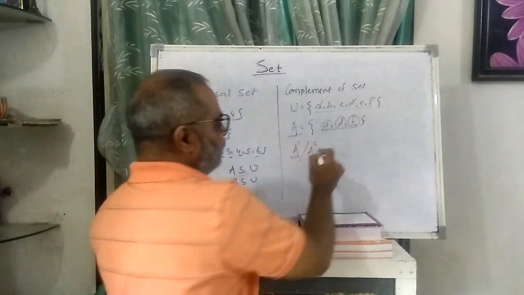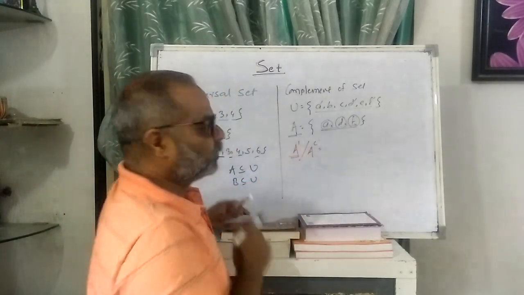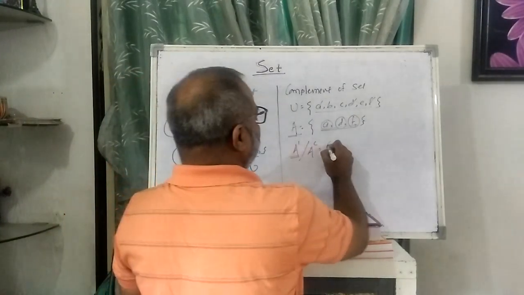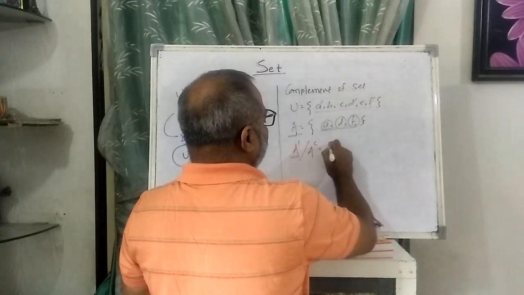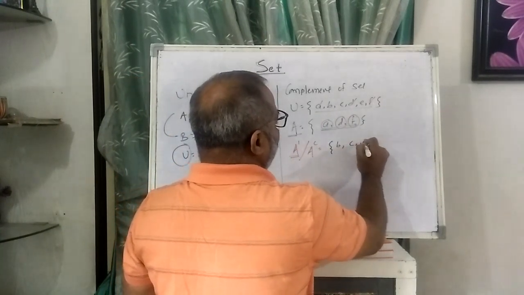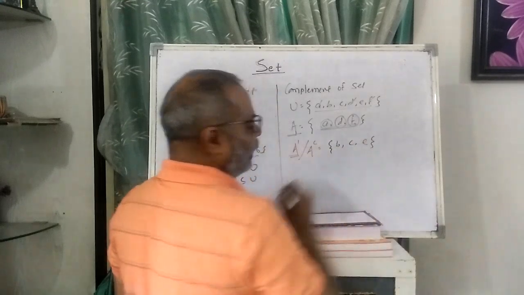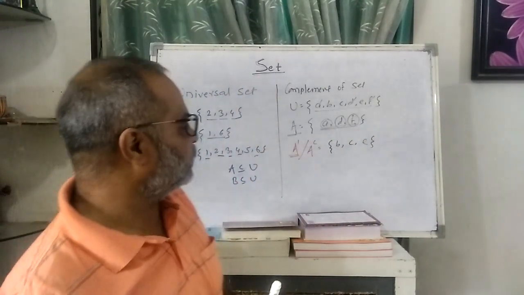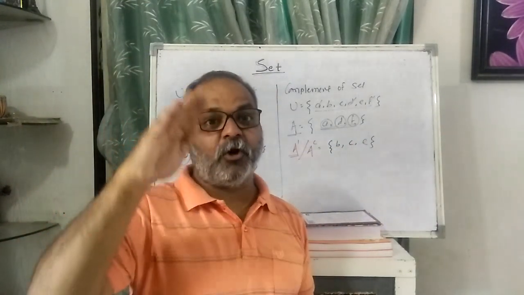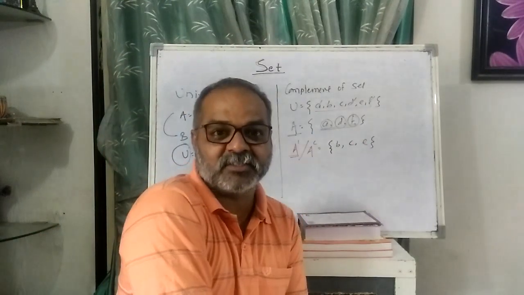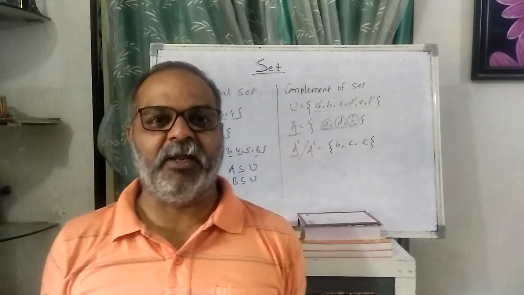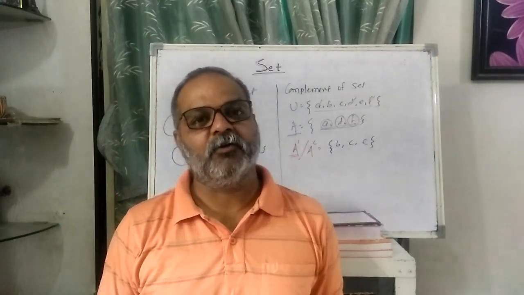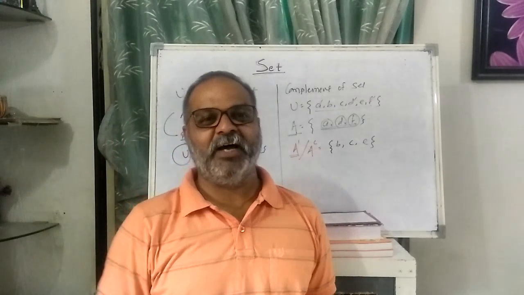What remains is called the complement. What remains here is B, C and E. So complement means we delete the elements of the given set from the universal set, and the remaining elements are called the complement of that set.